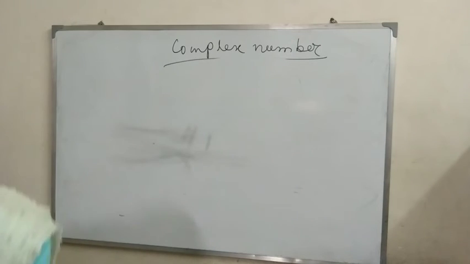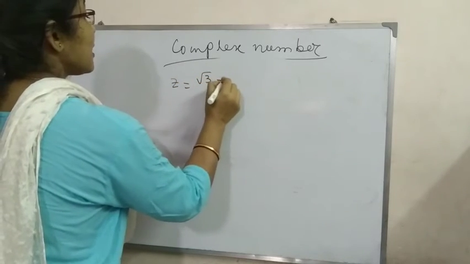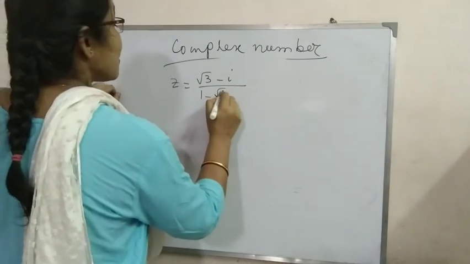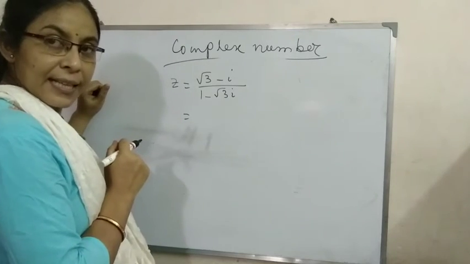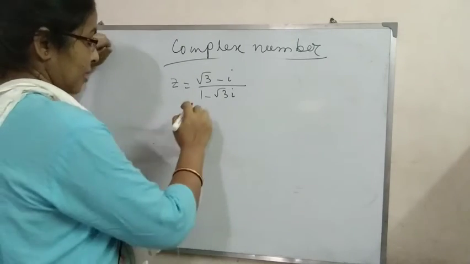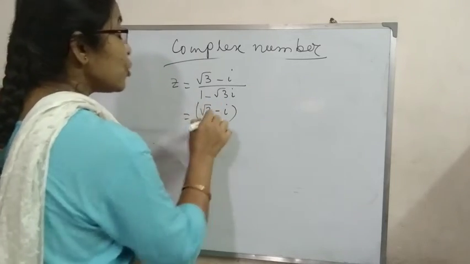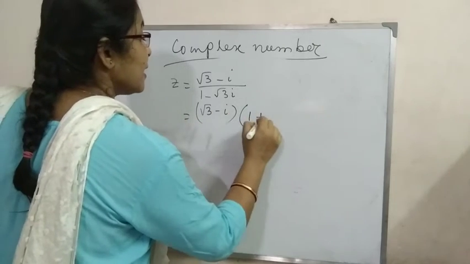If I have z equal to root 3 minus i by 1 minus root 3i, express it as a plus ib. Here I will multiply numerator and denominator by the conjugate of denominator.